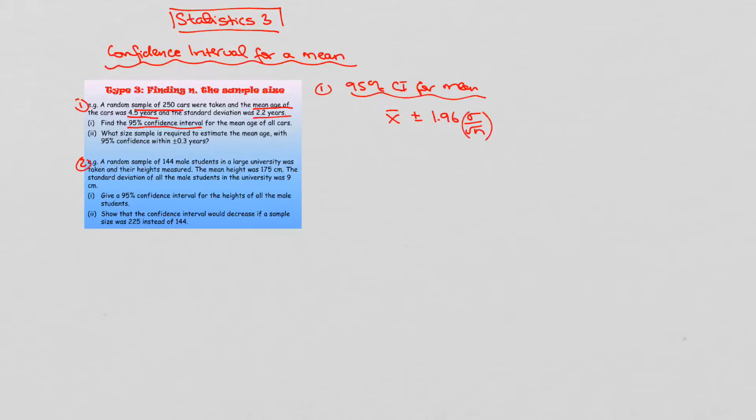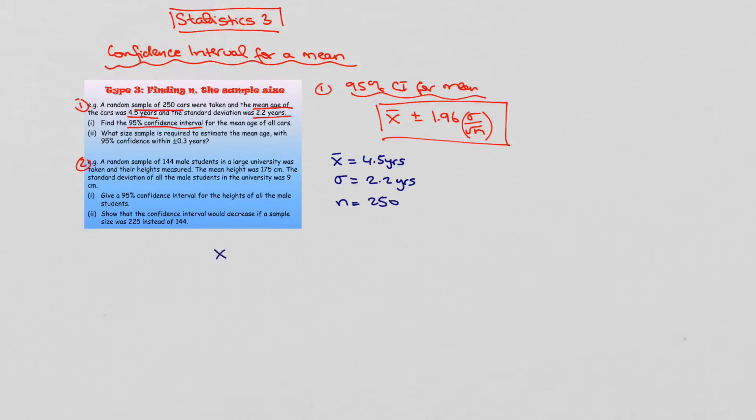So our critical value for our 95% confidence interval is 1.96 times our standard error of the mean, which is sigma over root n. So what have we got? Well, our sample mean is 4.5 years. Our standard deviation is 2.2 years. And our sample size here is 250 cars.